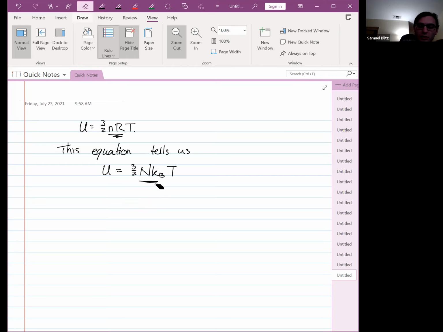Those two things are related to each other because R is related to Avogadro's number and the Boltzmann constant. And so we can compute the average energy of a particle, because this tells us that if you have N particles, and each of them has 3/2 k_B T units of energy, then you would have this much total energy.